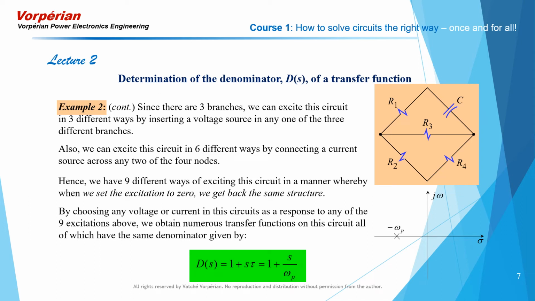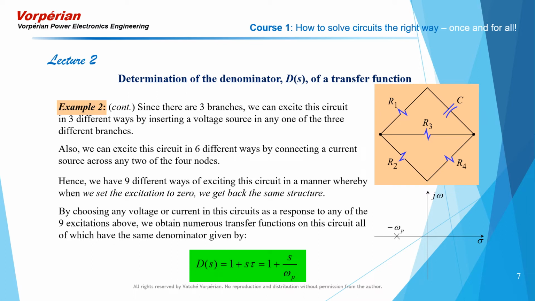I want to talk about these 9 different ways of exciting this circuit in a manner that when I set that excitation to 0, I always get back the original structure. Along with each one of those 9 different excitations, I can have different transfer functions associated with each. For each excitation, I could be studying the current in any one of the branches or the voltage across any one of the elements here.